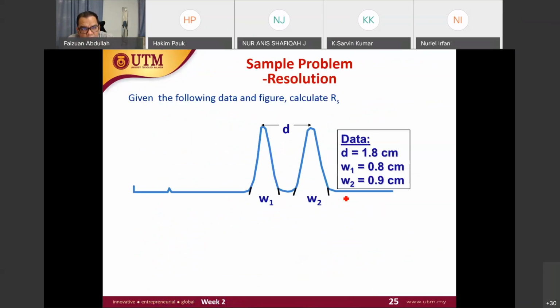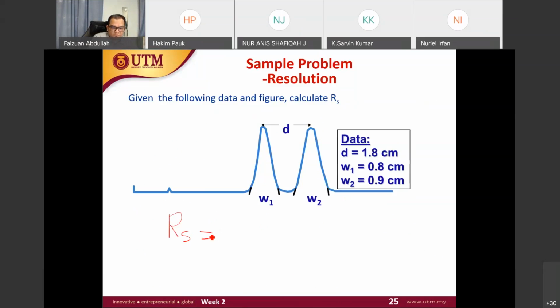This is a sample problem. Given the following data and figure, calculate RS. Now you have your example, so let's calculate RS. What is the formula for RS? Fast answer from Irfan.